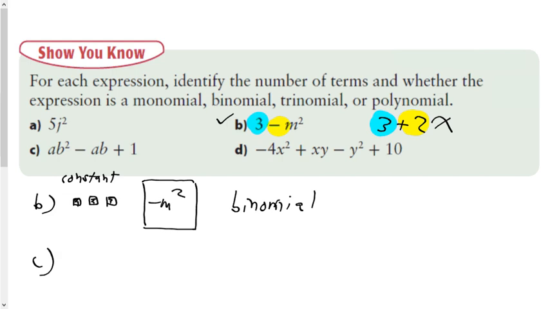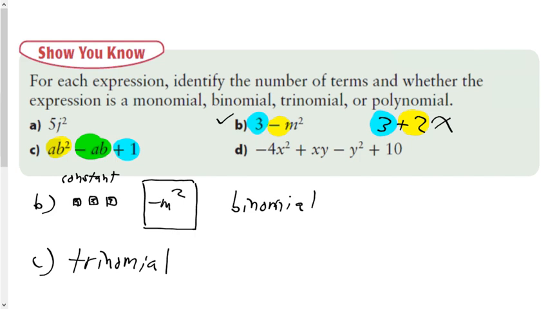If I look at question C, I have an AB squared. It's one term. I have the difference, or subtraction, of a negative AB, and then a positive 1 constant. So C would be a trinomial. Just 3 terms. I don't know why they would use an AB squared, because we don't like to combine 2 variables together, but it exists.